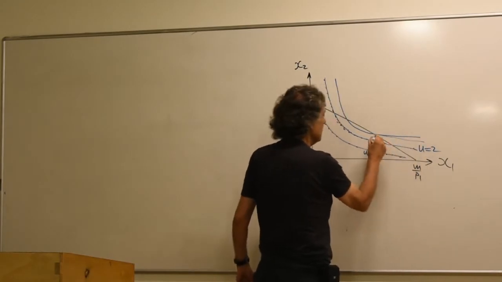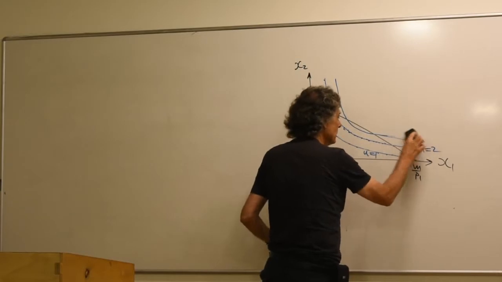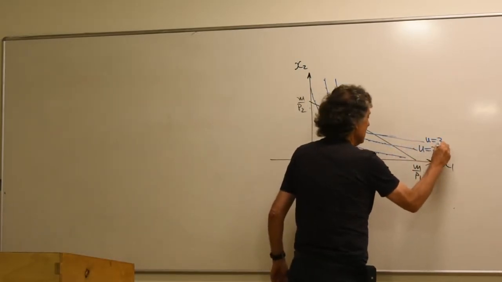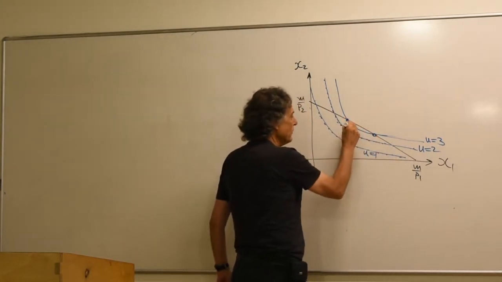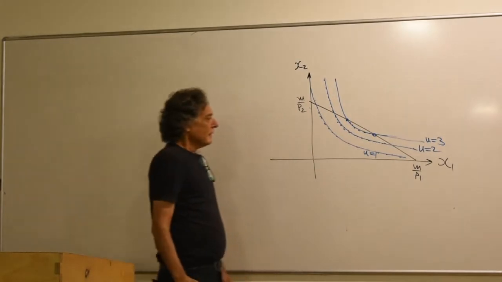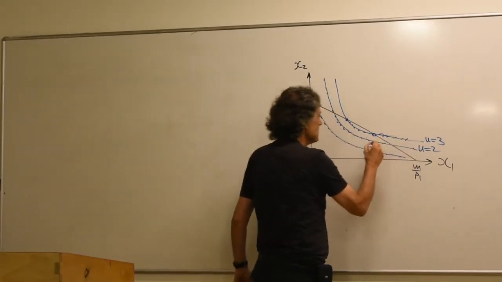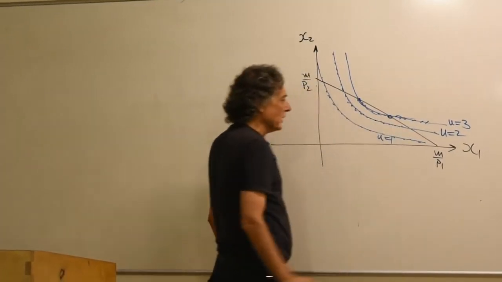And can he afford it? Let's say that this is u equals 3, and he can afford buying this bundle and this bundle, or all these bundles. He cannot afford these bundles, but he can afford these bundles, this, and everything in between.